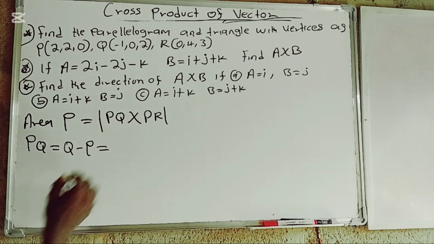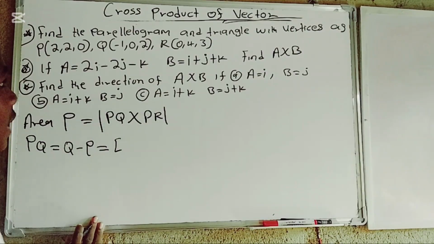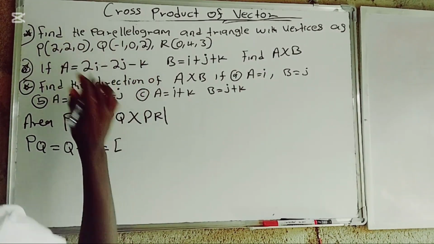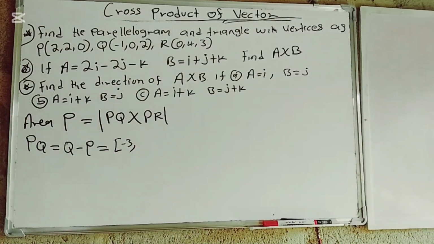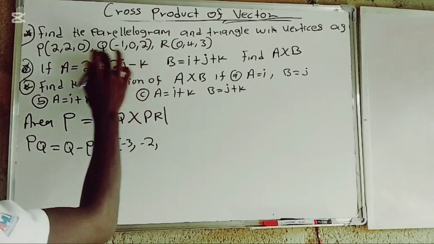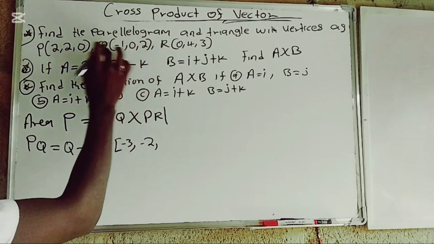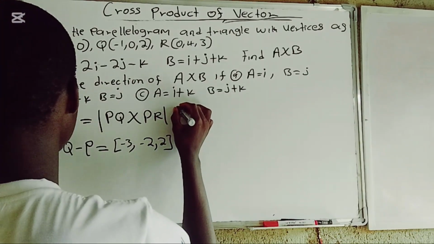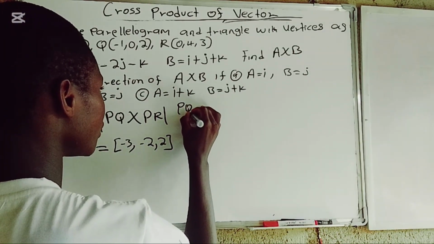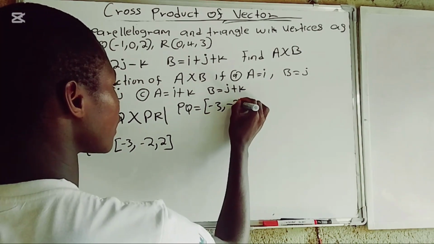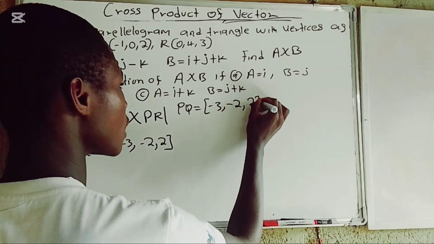So what is Q minus P? Negative 1 minus 2 gives me negative 3. And 0 minus 2 gives me negative 2, and 2 minus 0 gives me 2. So PQ is negative 3, negative 2, and 2.